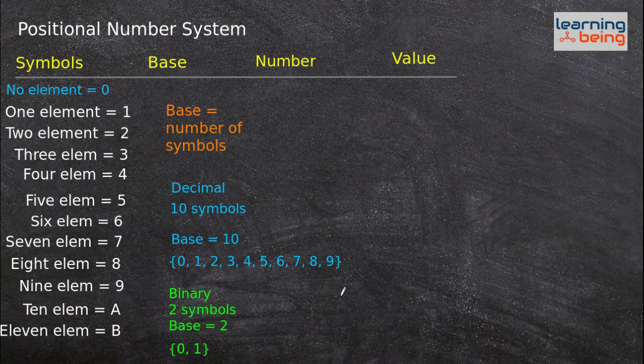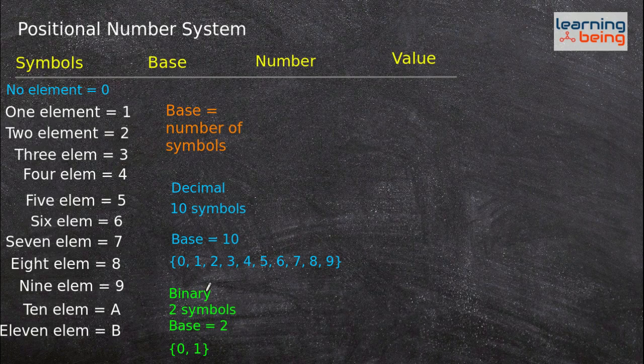So these are the set of symbols used in the decimal number system, that is, base is equal to 10. Similarly, in the binary number system, two symbols are used and the base is equal to 2. The number of symbols is 2, so the base is equal to 2, and the set of symbols is 0 and 1. 0 represents no element, and for one element we represent 1.